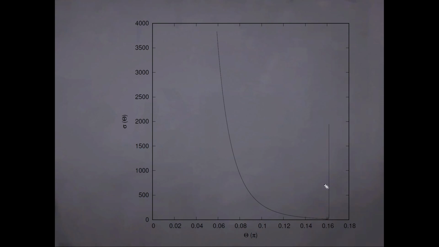But for smaller values, there are actually two branches. There is a very small branch of the cross section, and there's another one which increases quite rapidly as the scattering angle vanishes.